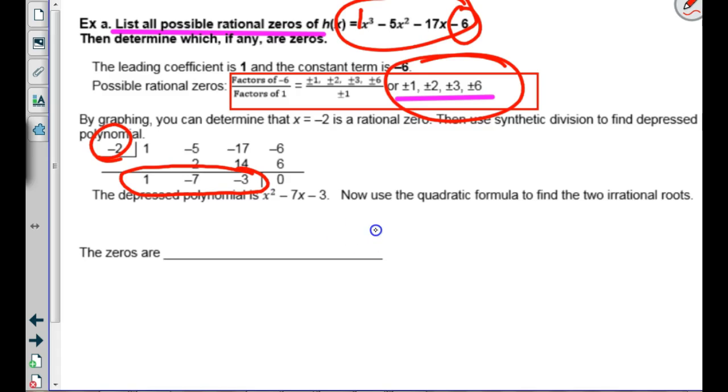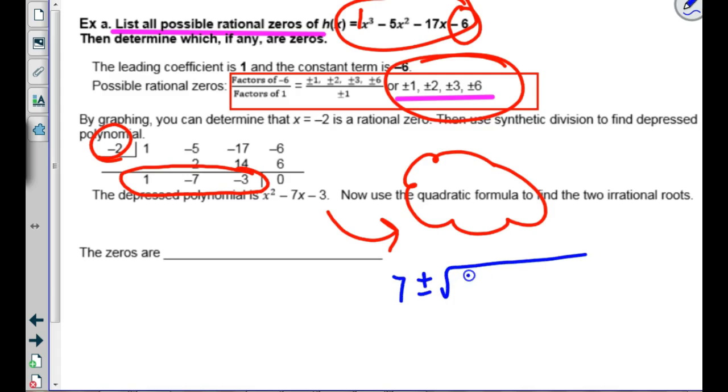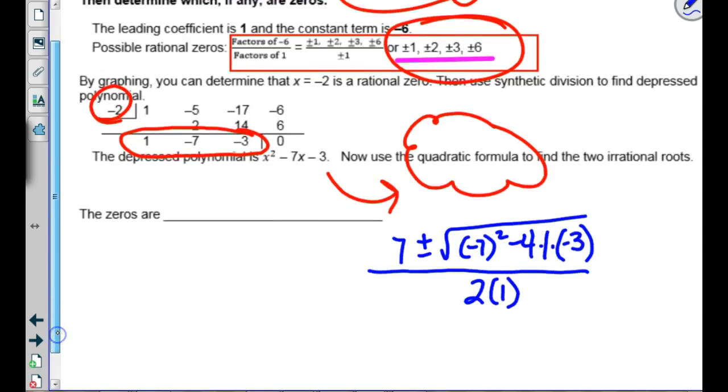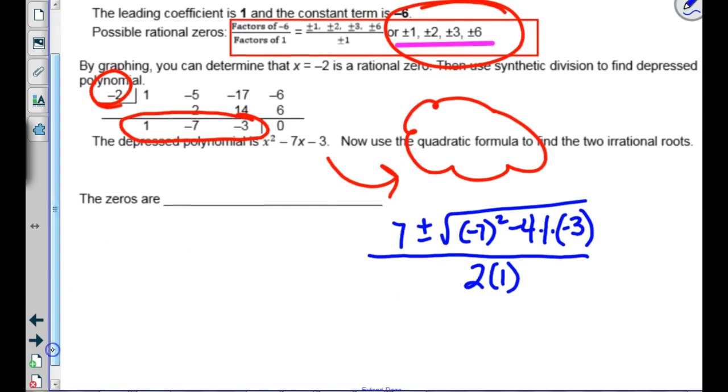So to find imaginary zeros, you get to use what? Quadratic formula. I'm going kind of quick here. Opposite of b plus or minus the square root of b squared minus 4ac all over 2a. So we have 7 plus or minus the square root of 61, I think.